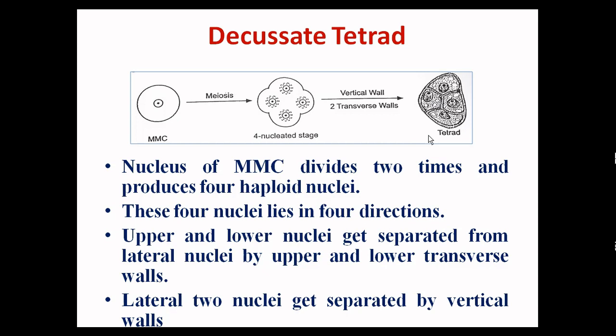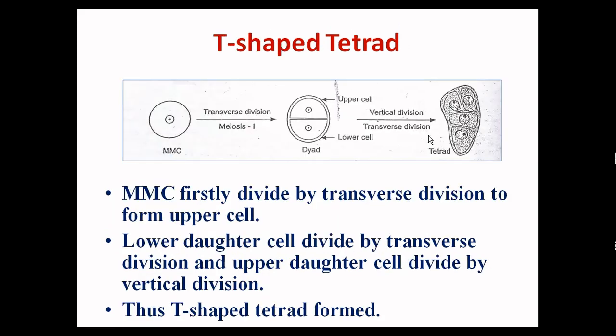So that is why there is a formation of this type of tetrad. Next is the T-shaped tetrad. Here the microspore mother cell first divides by transverse division to form the upper cell and the lower daughter cell; the lower daughter cell divides by transverse division and the upper daughter cell divides by vertical division, and it gives rise to the T-shaped tetrad.